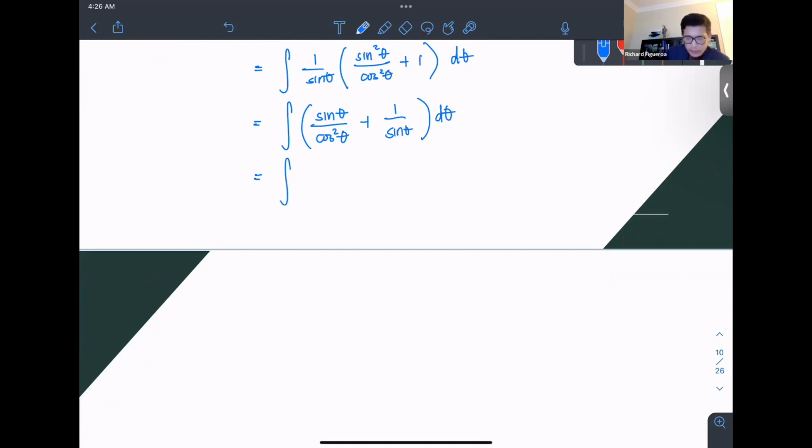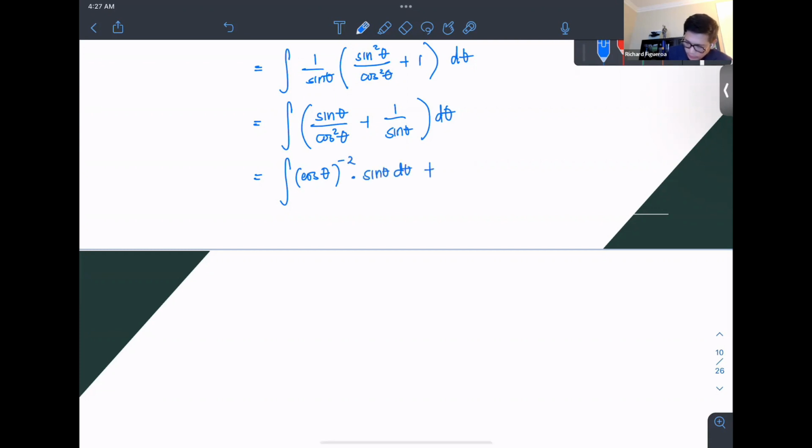So I'm going to transfer the cosine squared to the numerator. So that is the same as cosine theta raised to -2, then multiply it with sine theta d theta.